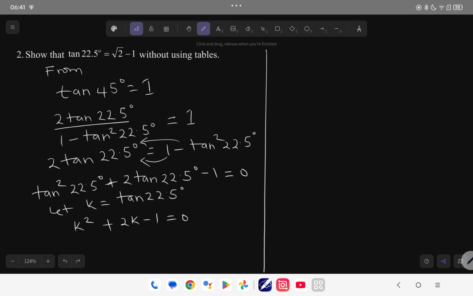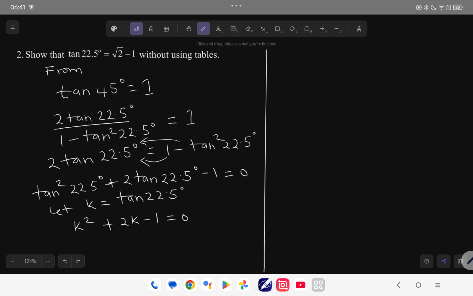Now, again, here you have a choice of either using factorization or a formula, anything that is applicable and simple for you. Now, numbers that multiply to give negative 1 and add to give 2 are not there.